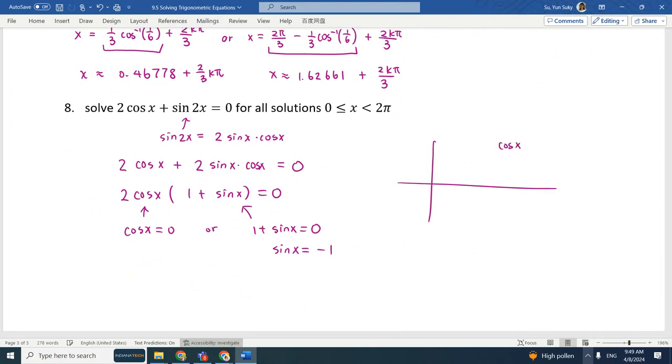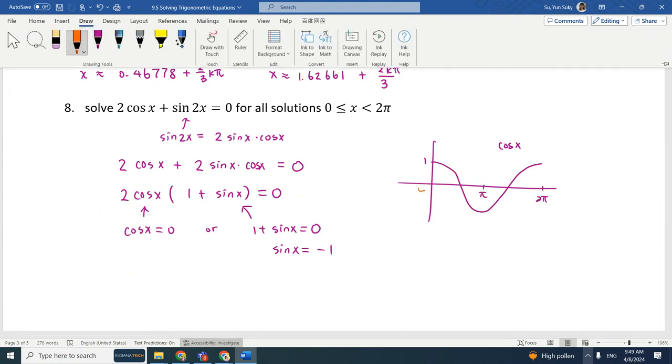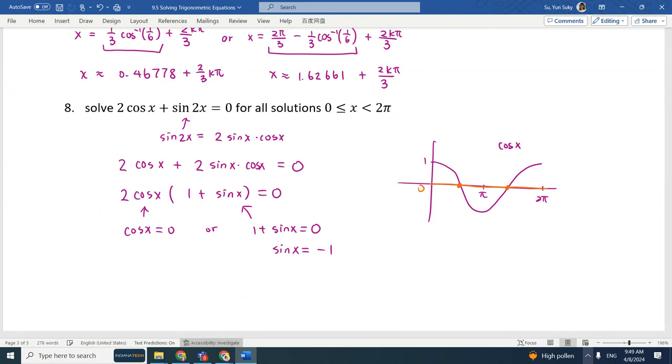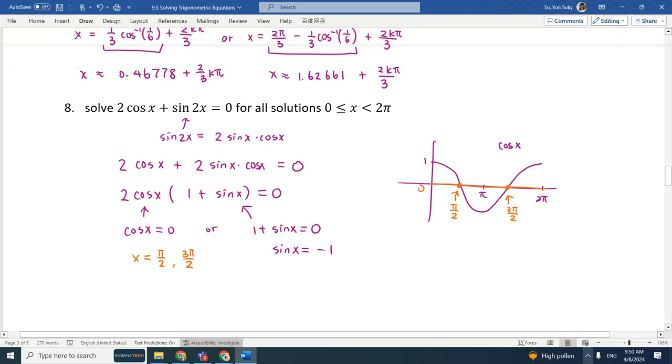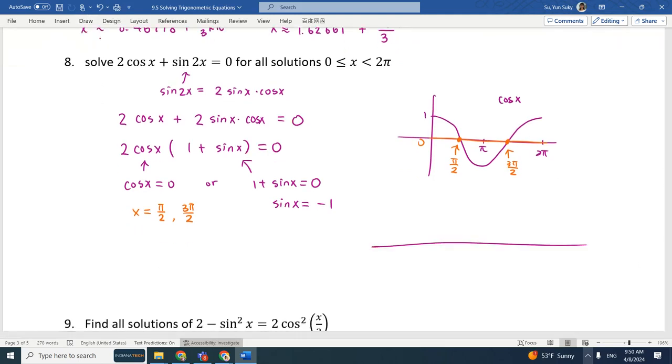What's the cosine graph look like? The wave starts with 1, and you're looking for cosine x equals 0. Look at this point and this point. What is this point? Pi over 2. What is this point? 3 pi over 2. So x is pi over 2 and 3 pi over 2. Next, what's the sine graph look like?